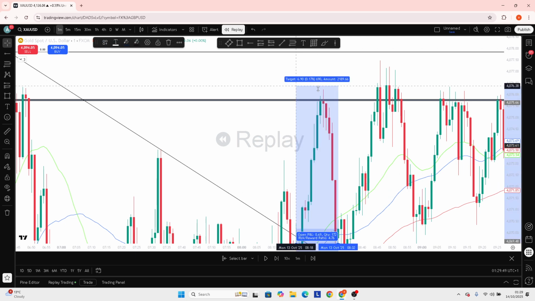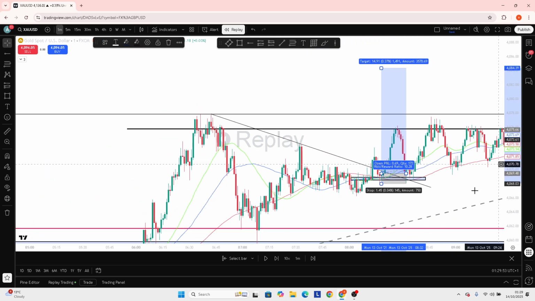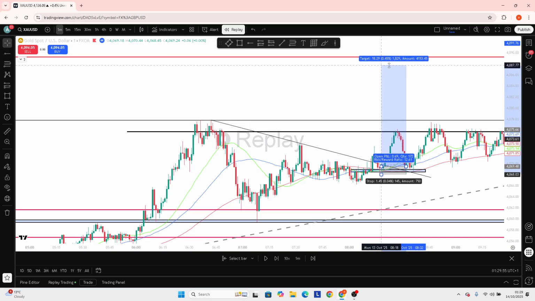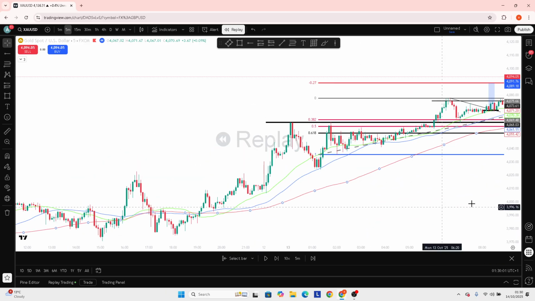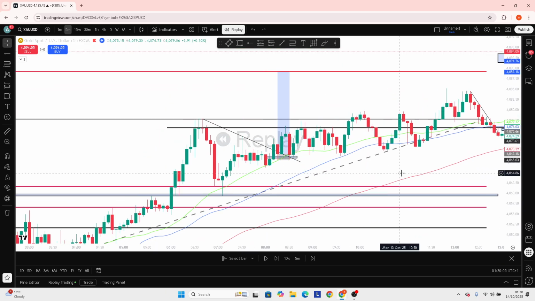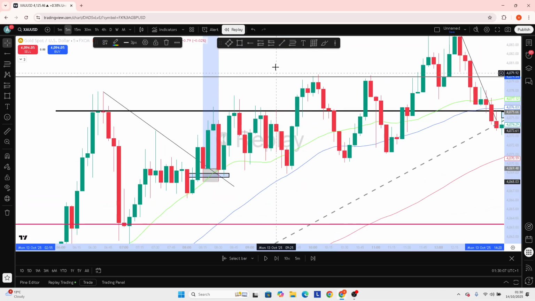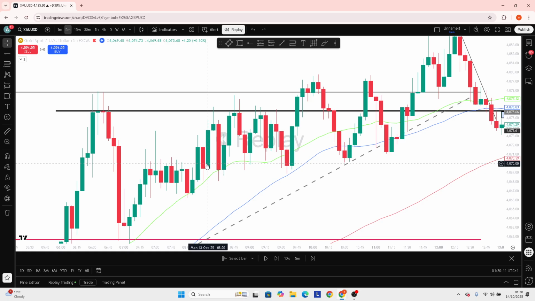I was targeting this whole swing to the upside, trying to catch it. Price did hit my TP1, but after hitting my TP1, I got stopped out for break even. So that was the first trade.